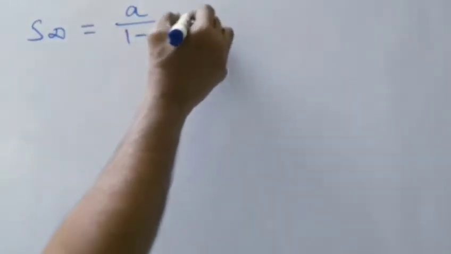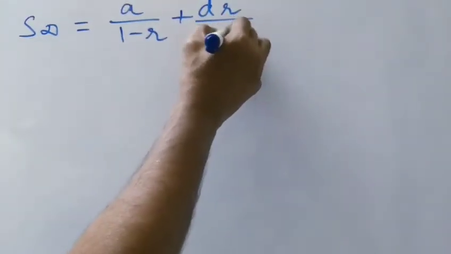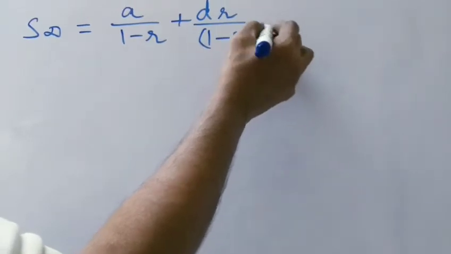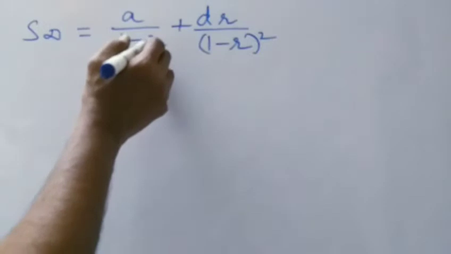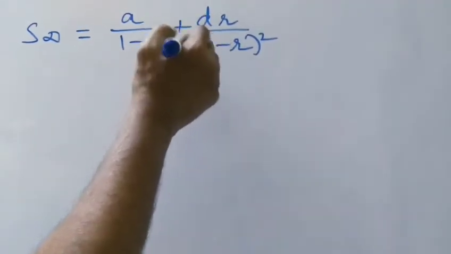Now the sum to infinity of the arithmetic geometric progression, S infinity is equal to a by 1 minus r plus dr by (1 minus r) whole square. Here a is the first term of the series, r is the common ratio of the given series, and d is the common difference of the given series.